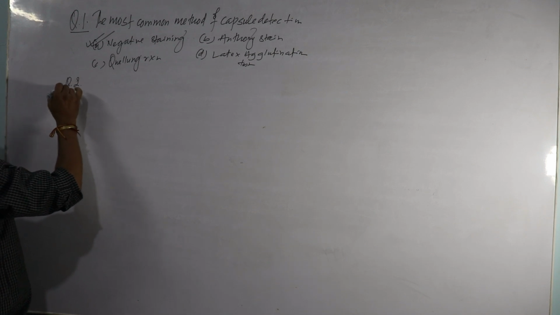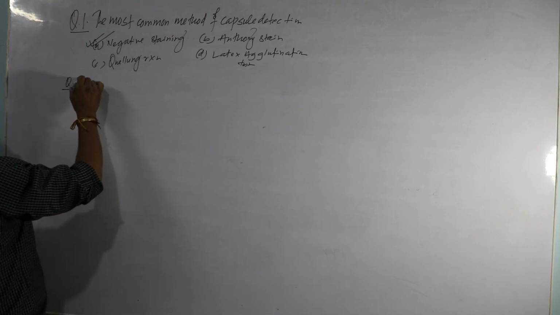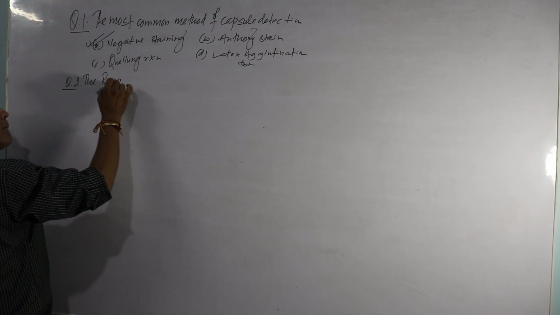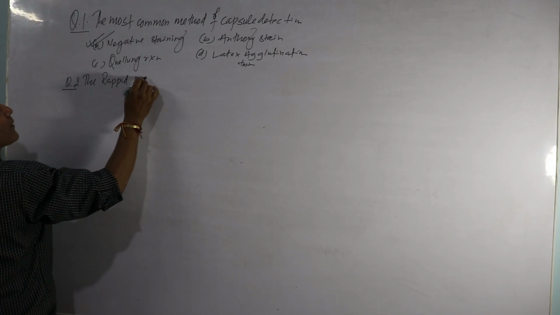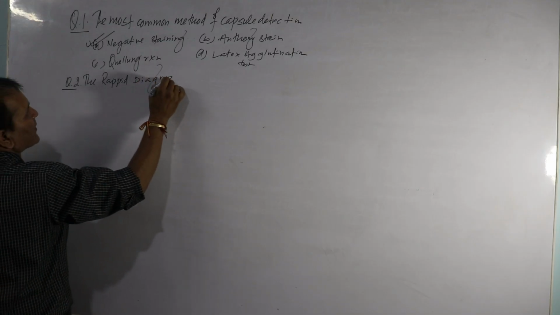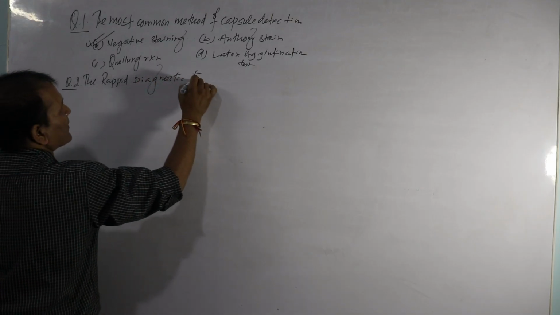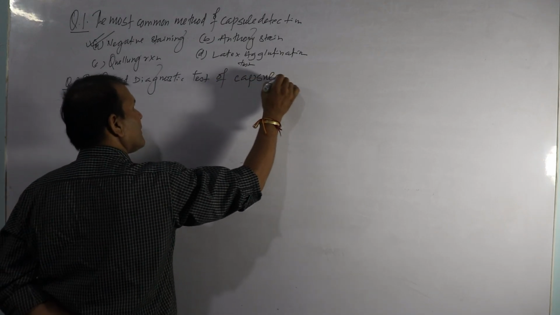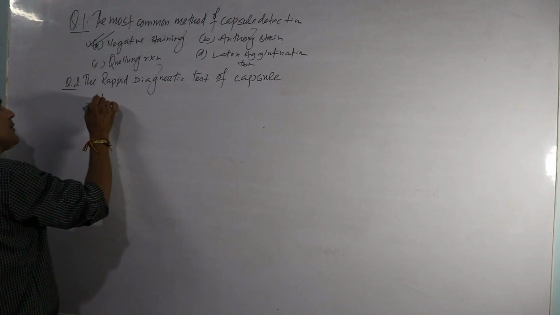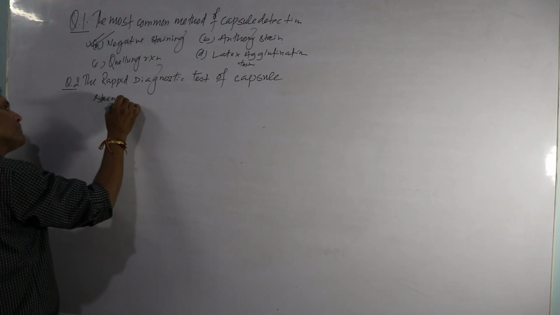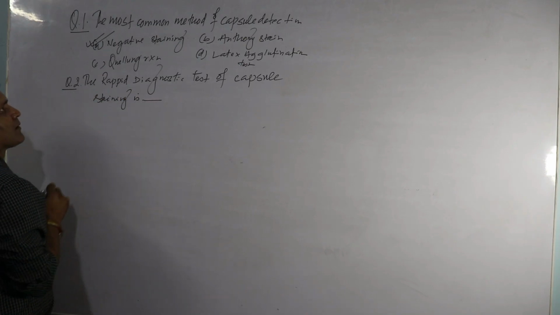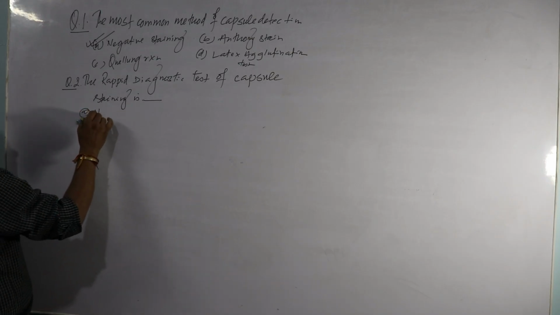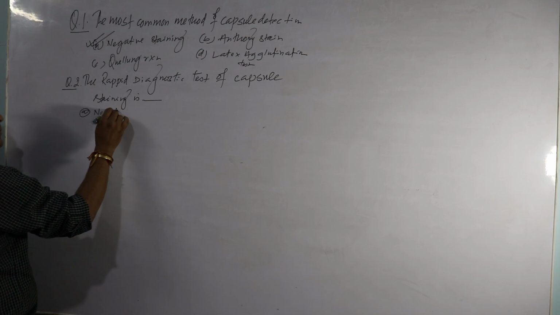Question number 2. The rapid diagnostic test of capsule staining is option A, negative staining.